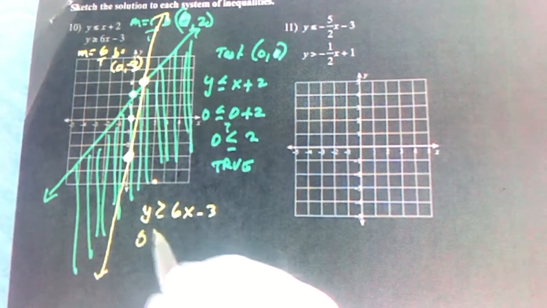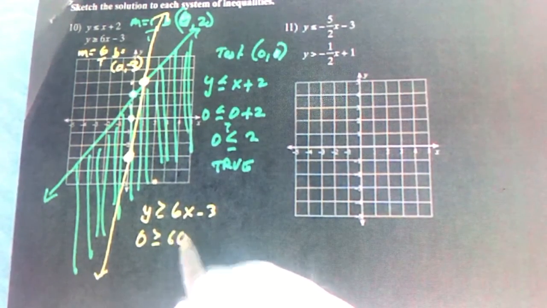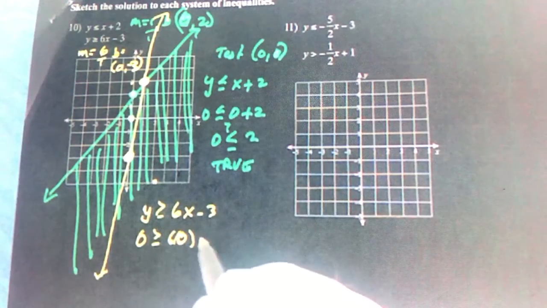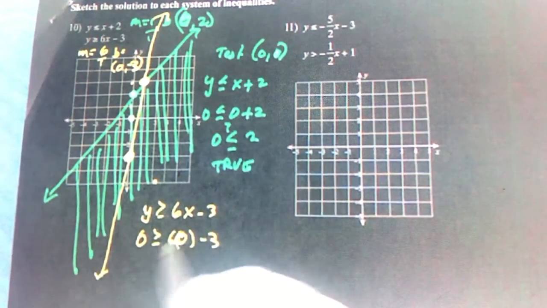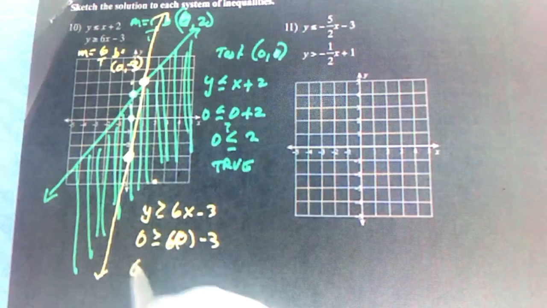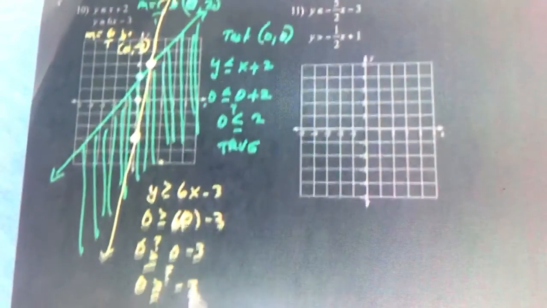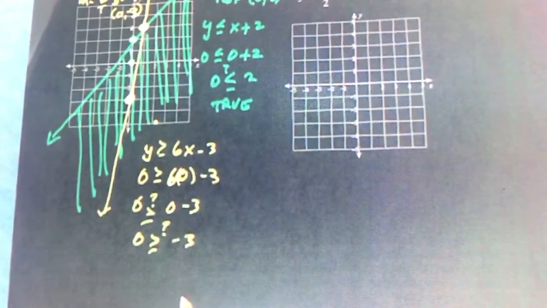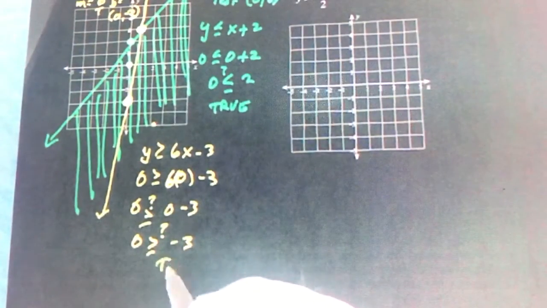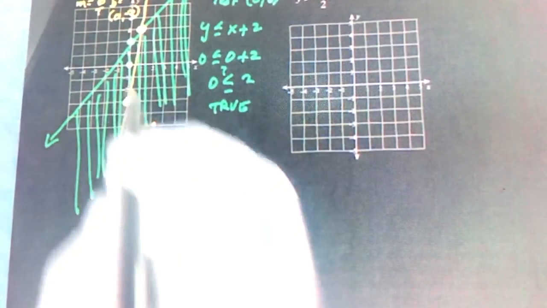Put in 0 for y, put in 0 for x, and we get: is 0 greater than or equal to 0 minus 3? Is 0 greater than or equal to -3? Good question, and the answer is, of course it is. So that's true, and when it's true, it means to include it.